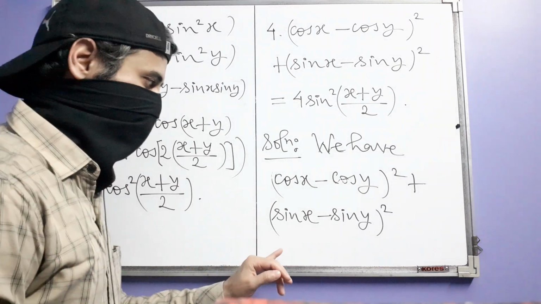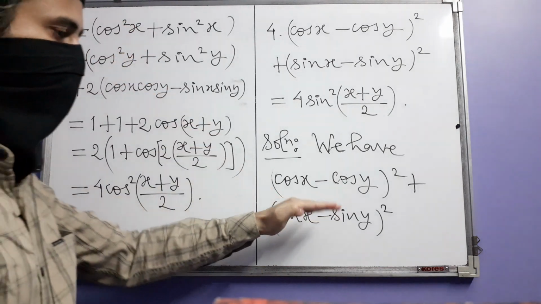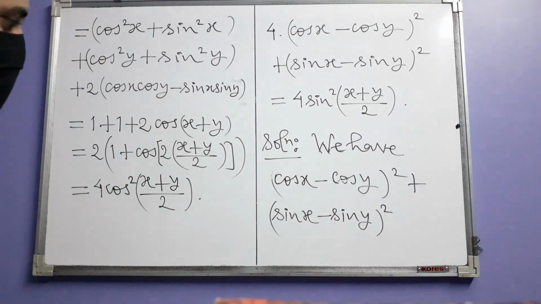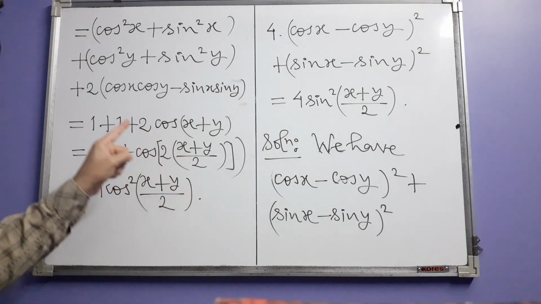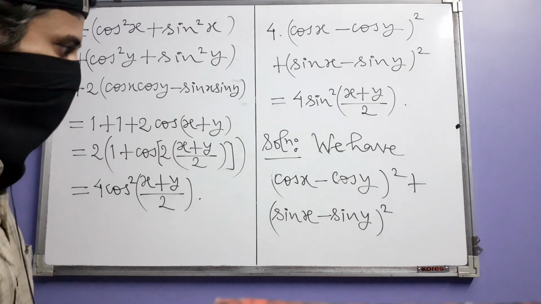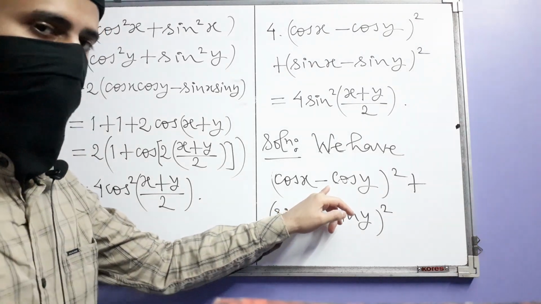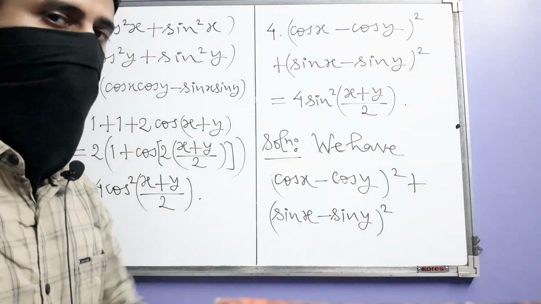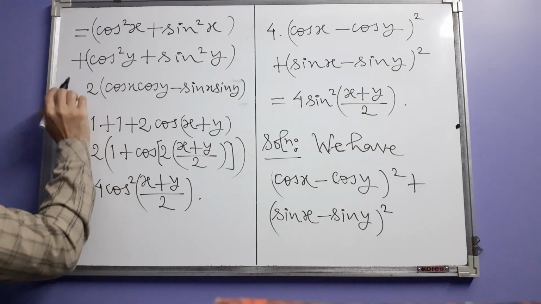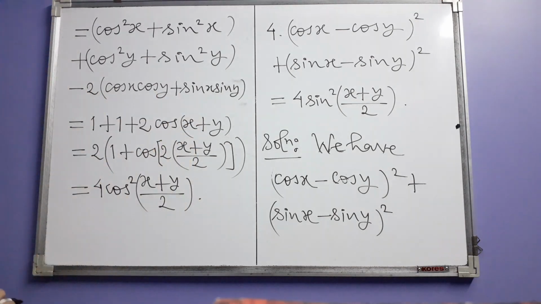So what will be the difference? These two things we are going to get as they were before in the previous solution. However, we won't get here plus 2 cos x cos y. That is the difference. From this expansion, we are going to get minus 2 cos x cos y. So both of these terms are going to be minus, and that's how we get a plus inside.